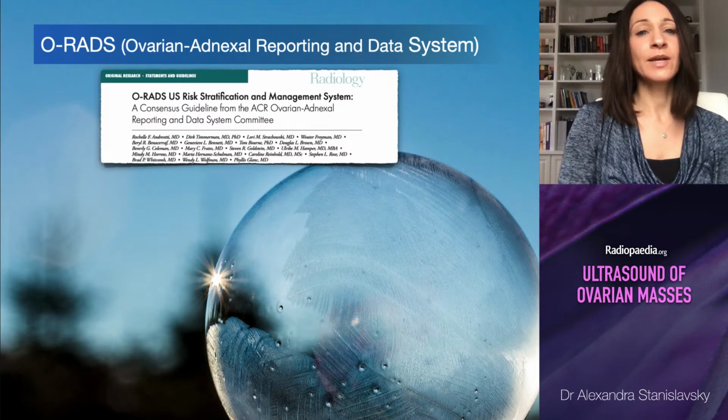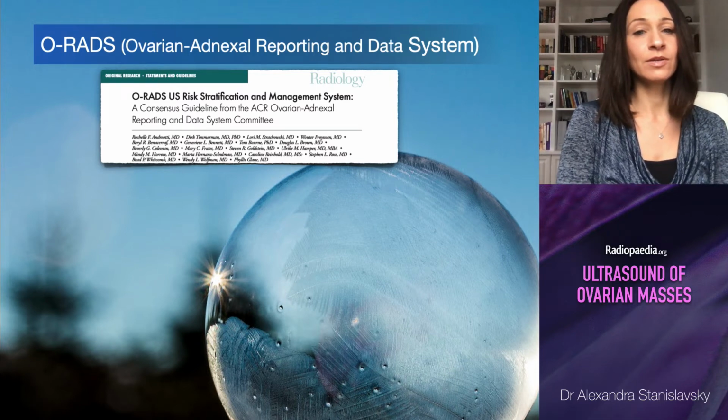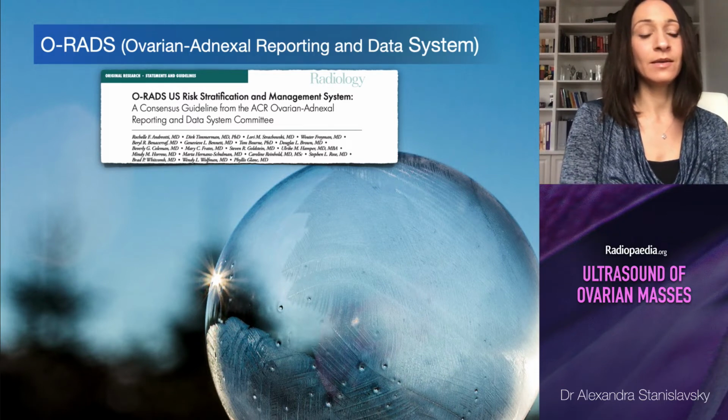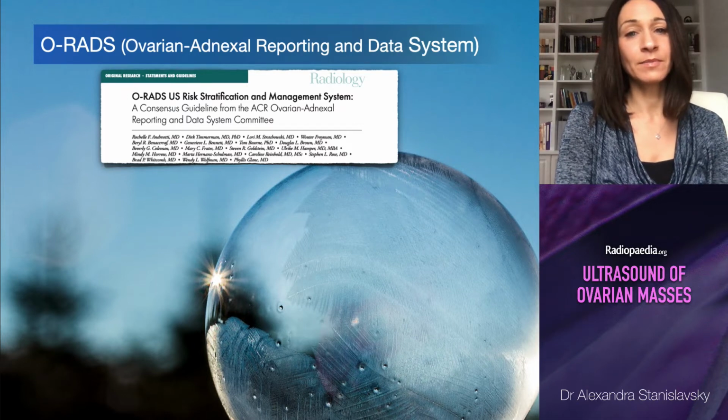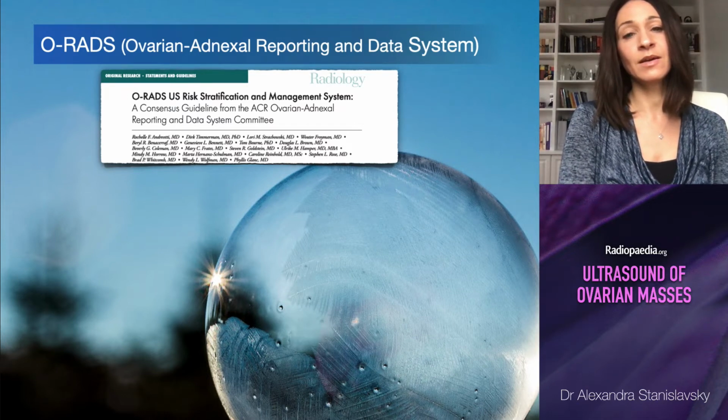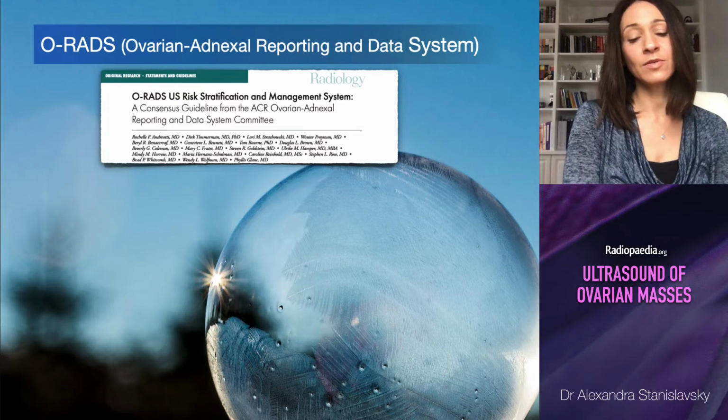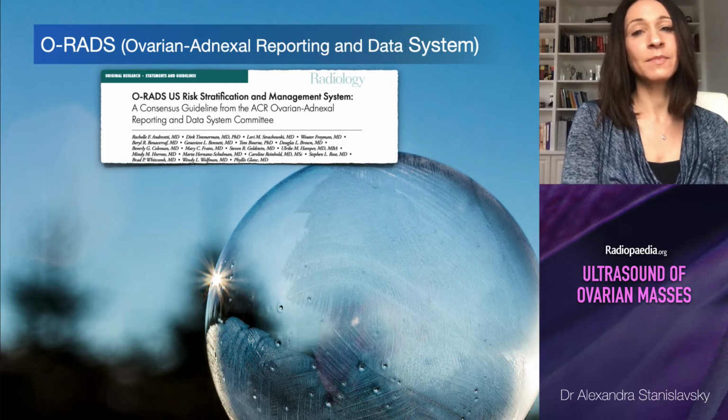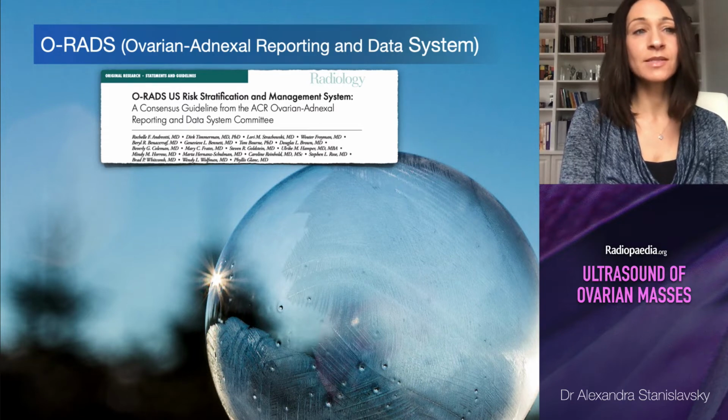So O-RADS was developed, as we said, in conjunction between the IOTA group and some key governing bodies within the North American radiology system. This is an article that was printed in the Radiology journal on the Ultrasound Risk Stratification and Management System.